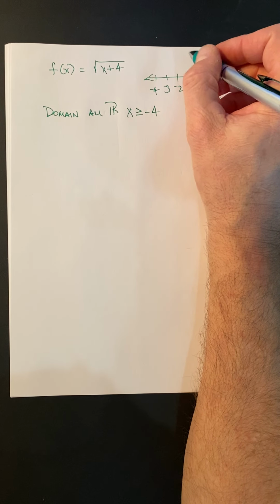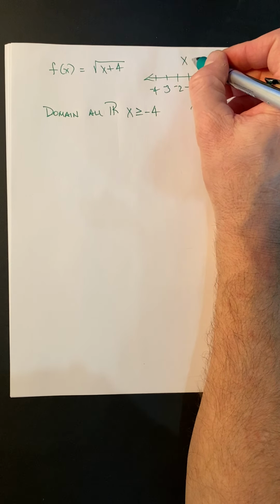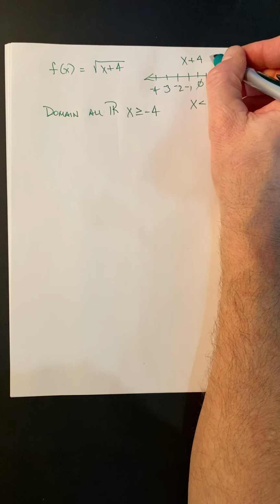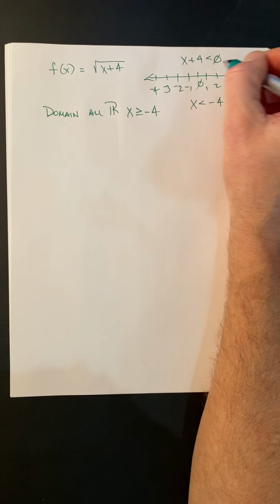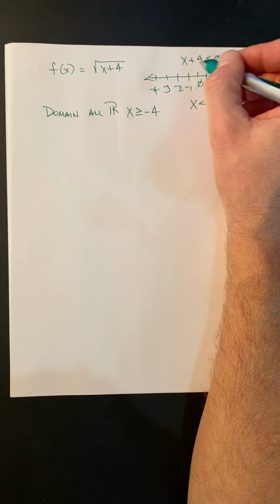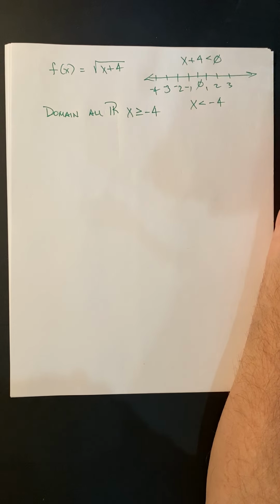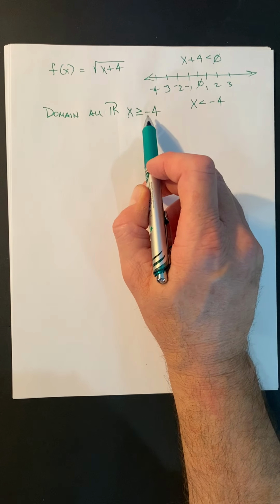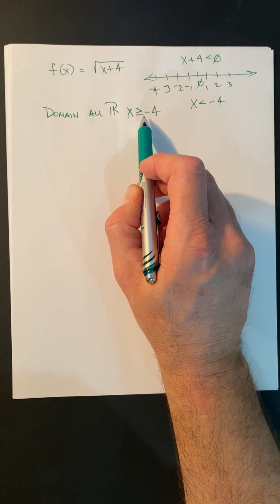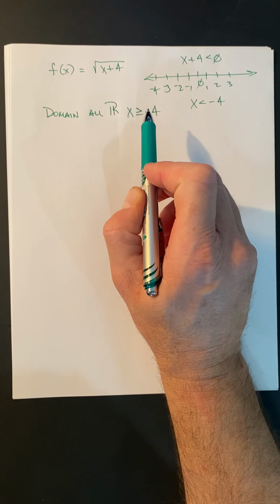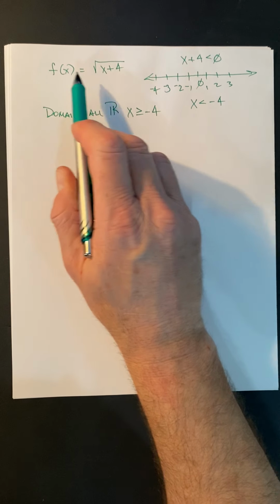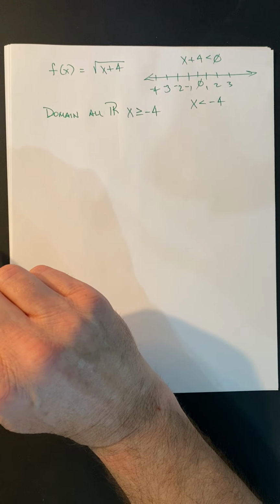Because I'm looking for a value x plus 4 that's going to be less than 0, because that's my negative, okay? I subtract 4 from both sides and I get that -4. So this makes it invalid. This, in turn, makes it a valid statement. Anything greater than or equal to -4 is not going to cause a problem, okay?